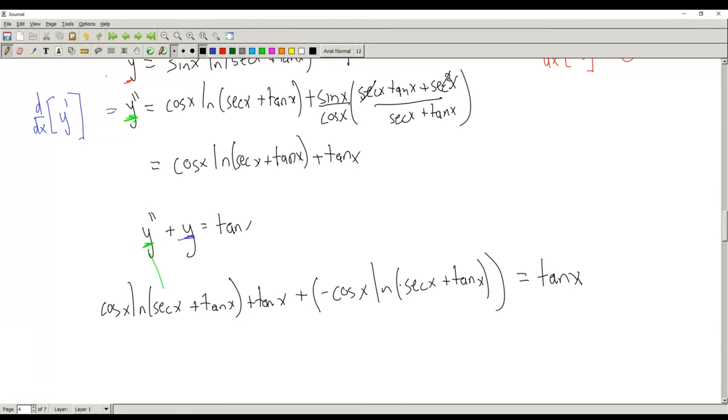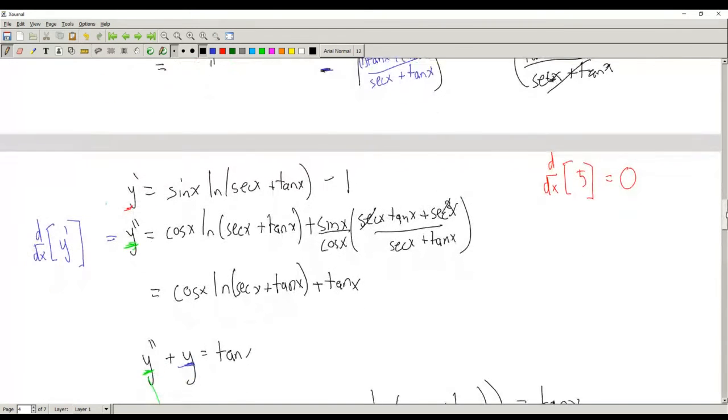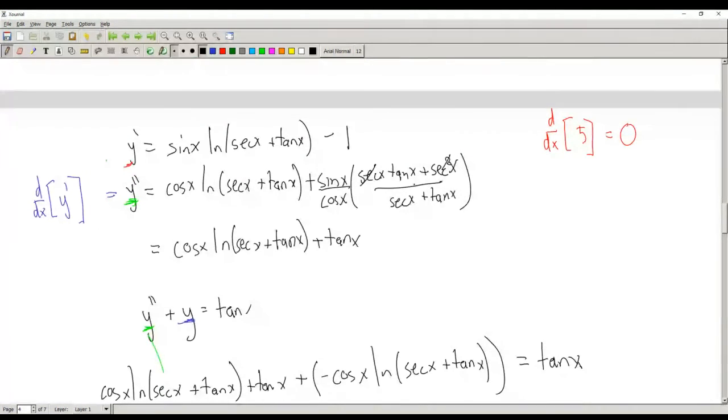And let me have a look. Sir, can you please look at the second derivative there? How did we get to tan of x? Okay, I will do that very quickly here.